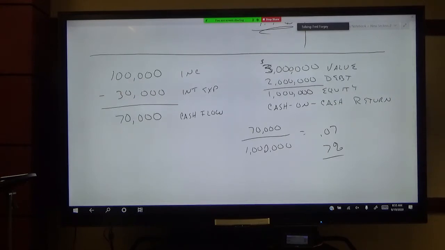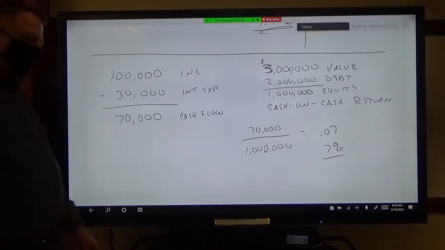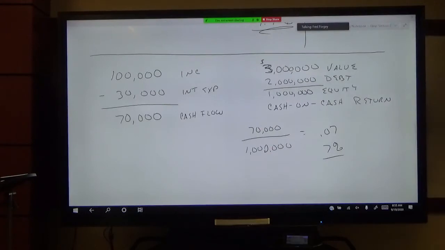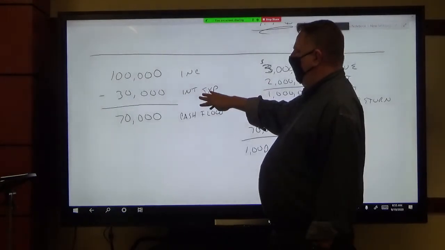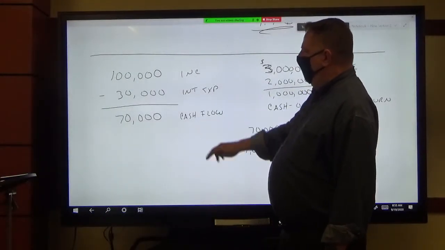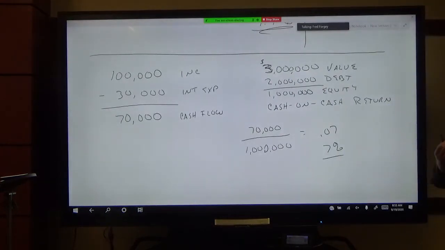So the cash flow return is very similar, pretty much identical to what we've been going through when we talk about return on equity. Same kind of thing, okay? We're looking at a cash on cash return after we have generated whatever income we have, after we've subtracted out interest expense and gotten the benefit of that, then our actual cash flow left over is 70,000, and dividing that by whatever equity we have in the project is going to be our cash on cash return.